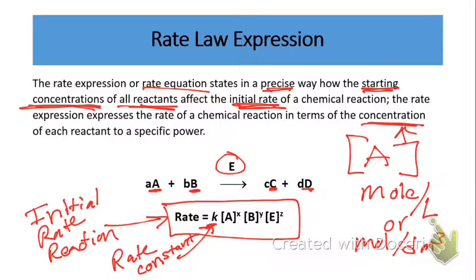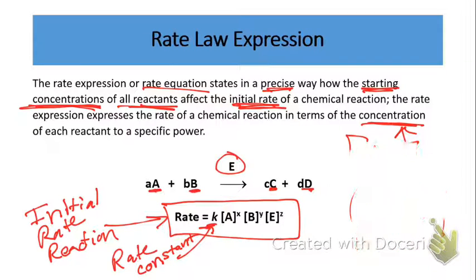So we're talking about molarity concentrations is what those brackets mean. Whenever you see brackets around reactants and products, that's what it means: concentration in molarity. All right? So in this case, we're talking about the initial or the starting concentrations.